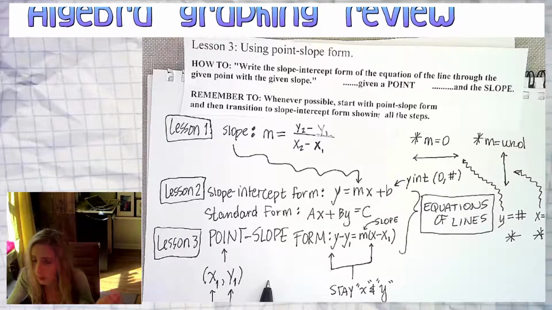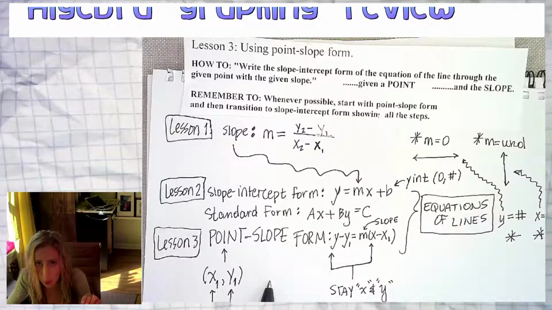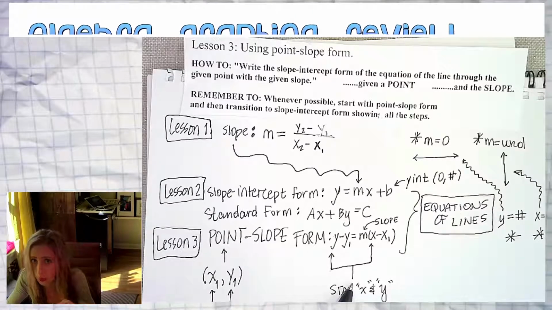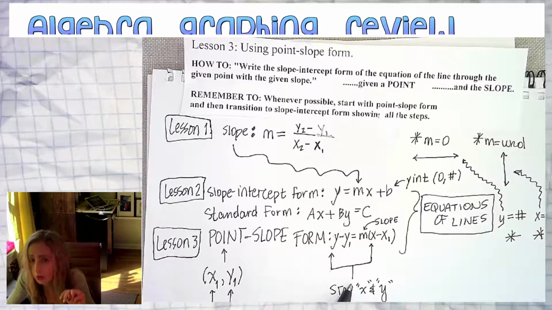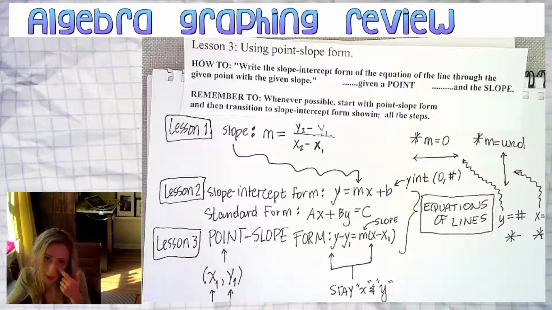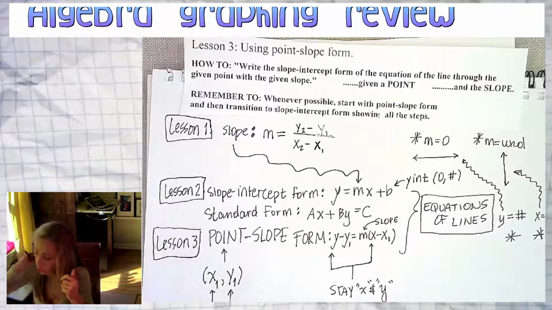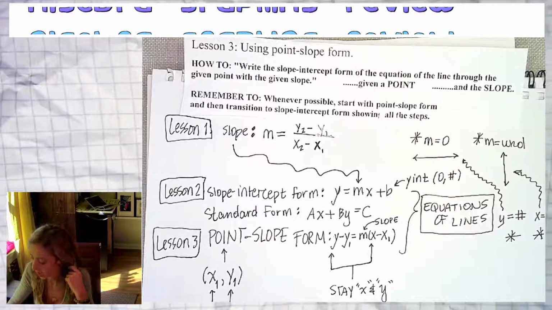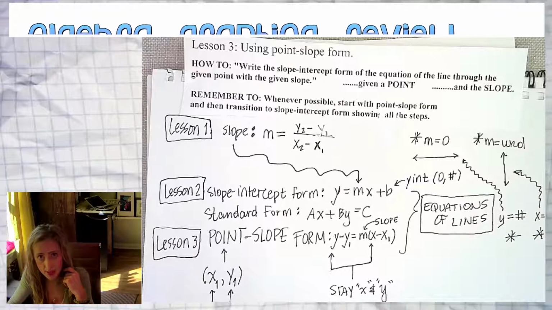You just pick one, either one. If you have a point and a slope, or 2 points, which give you a slope, you will use point slope form and be right on the money, okay? So we are going to basically get going with this. We're going to try some examples and see how this goes.